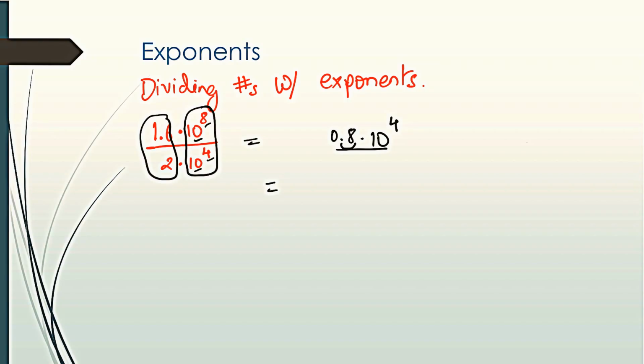I'm moving the decimal one place to the right side, and what I then get is 8.0 times 10 to the third power. Remember, I moved my decimal to the right, and so I had to go down on my exponent. Alright, and so this is how you multiply and divide numbers that have exponents.